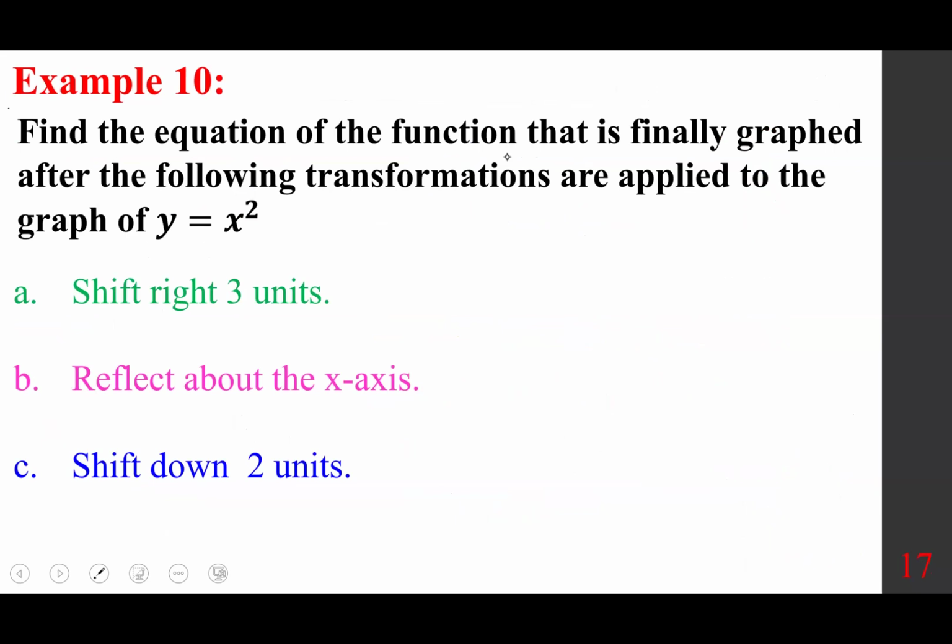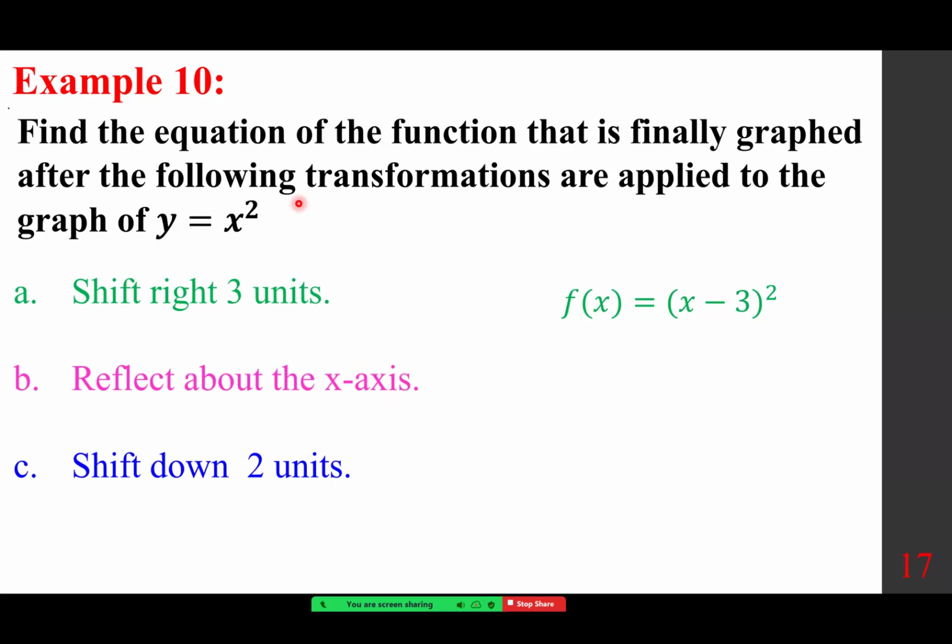Find the equation of a function that is finally graphed after the following transformations are applied to the graph of y equals x squared. So number one, we want to shift it to the right by 3 units. So f of x, or y, if you want the new one, is x minus 3 squared. Now reflect this one.